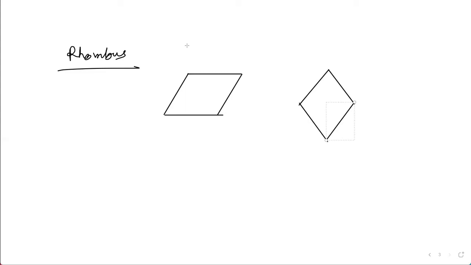Now let us see what the properties are. The first property, same as square, is that all the four sides are equal. So all sides are equal. One thing I don't need to mention separately, it's pretty clear from the figure, the angles are obviously not equal, right?